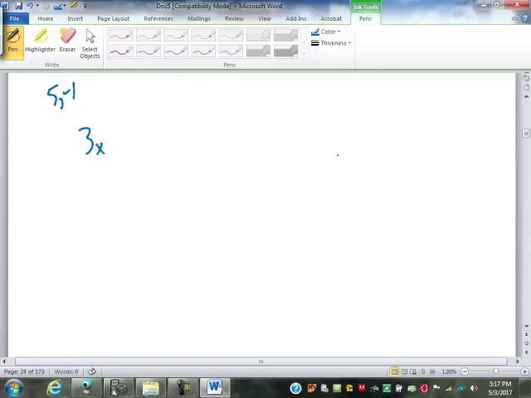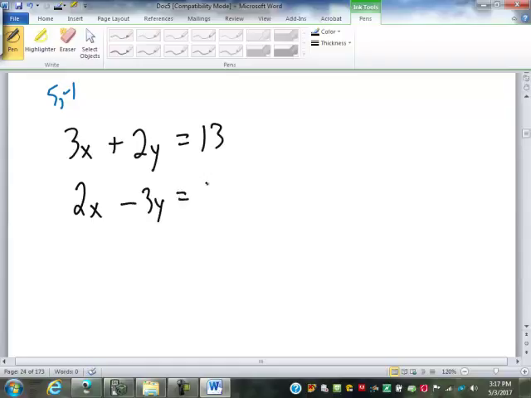Let's say we've got 3x plus 2y equals 13. I'm just going to go back to 2 variables for now. 2x minus 3y is also going to be 13.